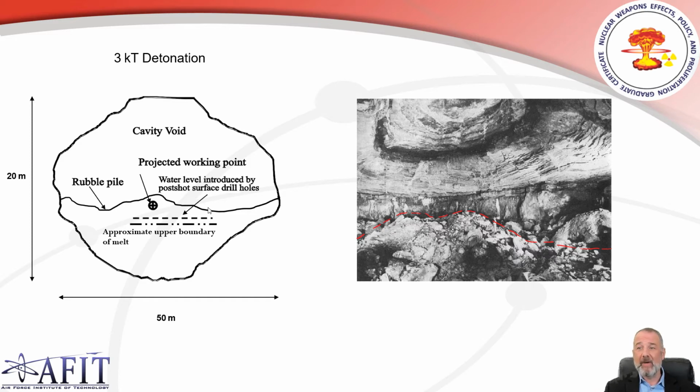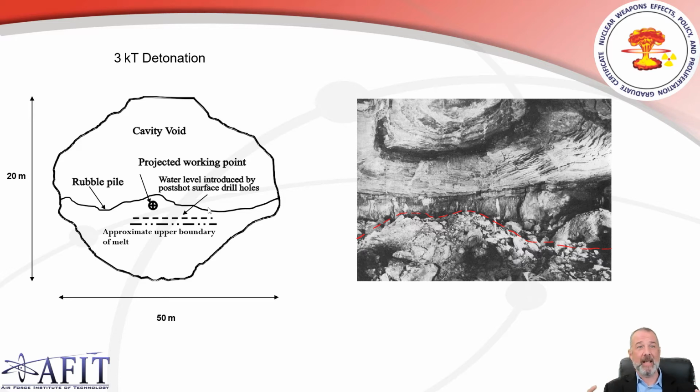And then finally, we have the approximate upper boundary of melt. As our detonation occurs, we're expanding, hot, high pressure. So first we're going to do a lot of ionization like we would do in the atmosphere as our fireball expands. But that's not going to last all that long. And then as we lose energy, we stop ionizing and we just start melting the material.